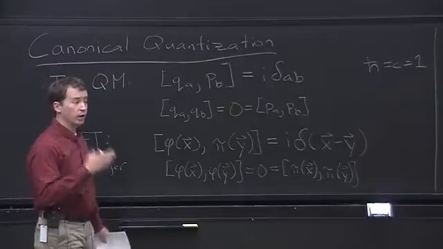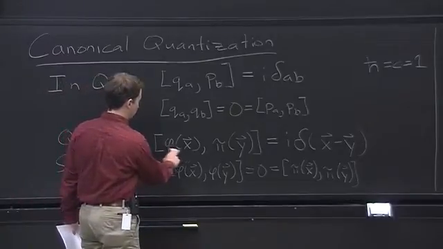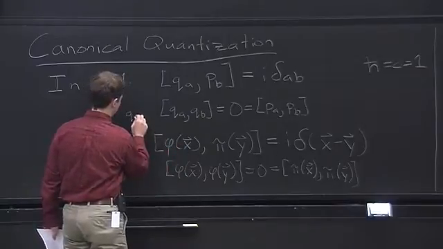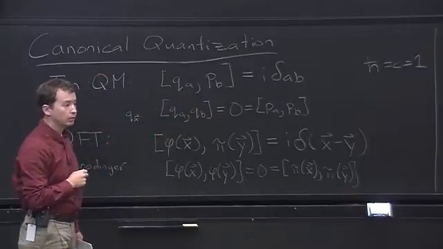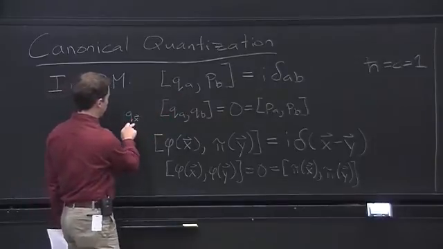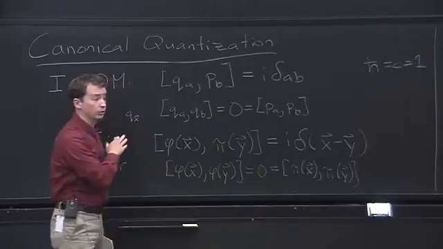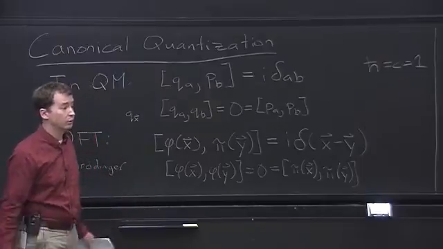And if you remember the analogy from yesterday, we can think of phi of x as like q with a continuous label instead of a discrete label. So this label is just over the spatial positions, not over the space-time positions.